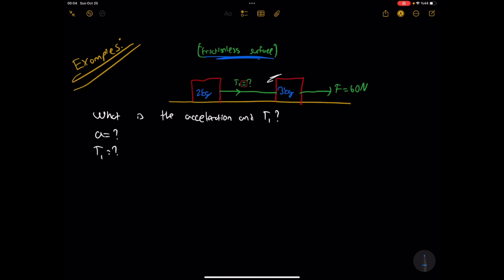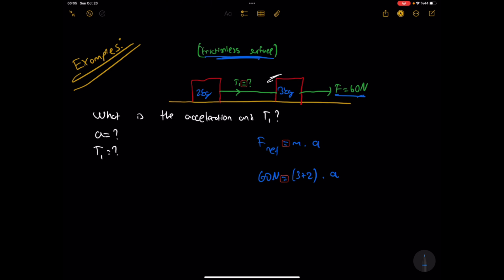I wrote that the surface is frictionless, so F net is going to be 60. We know that F net equals m times a, right? So 60 newtons equals 3 plus 2 times a. Why 3 plus 2? Because this force pulls 3 and 2 together.